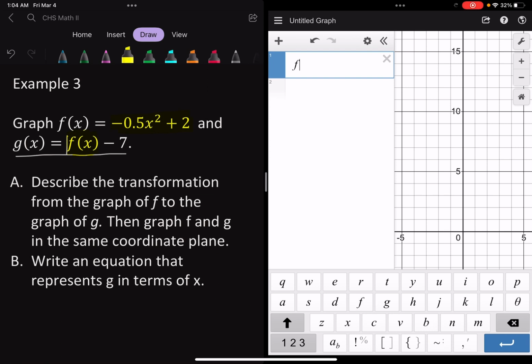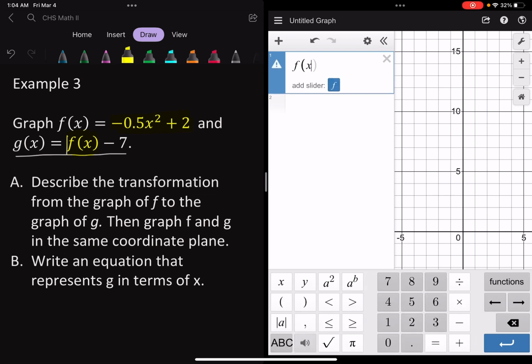So if we do f of x equals negative 0.5 x squared plus 2.